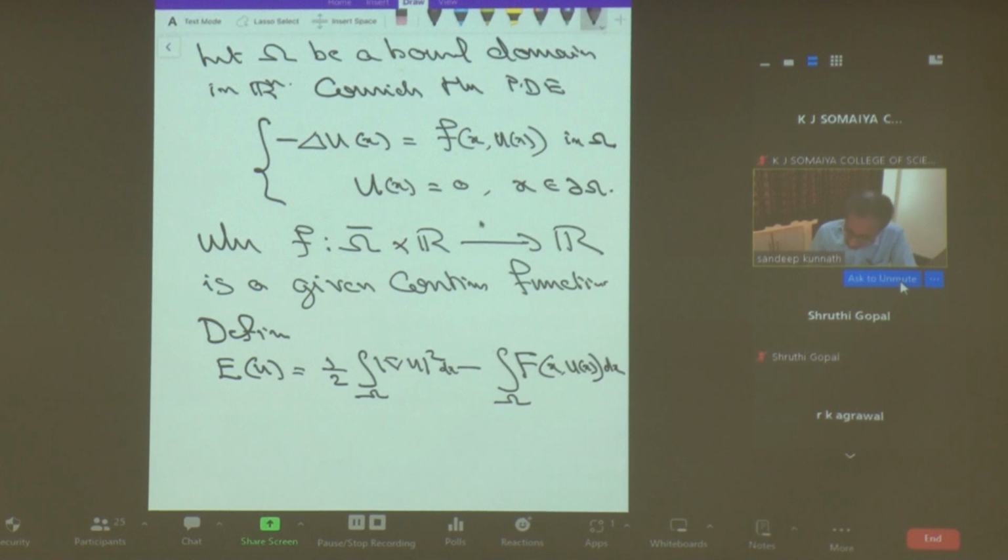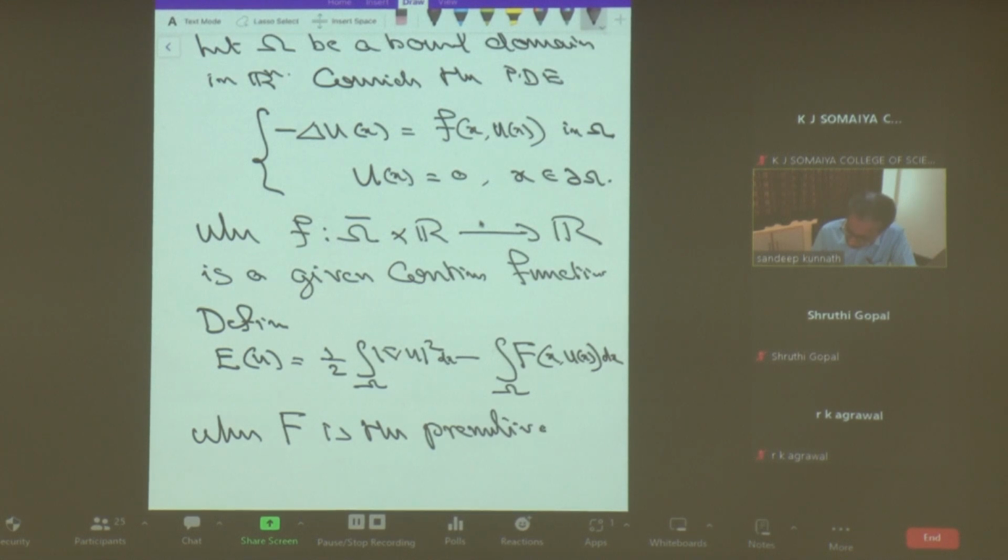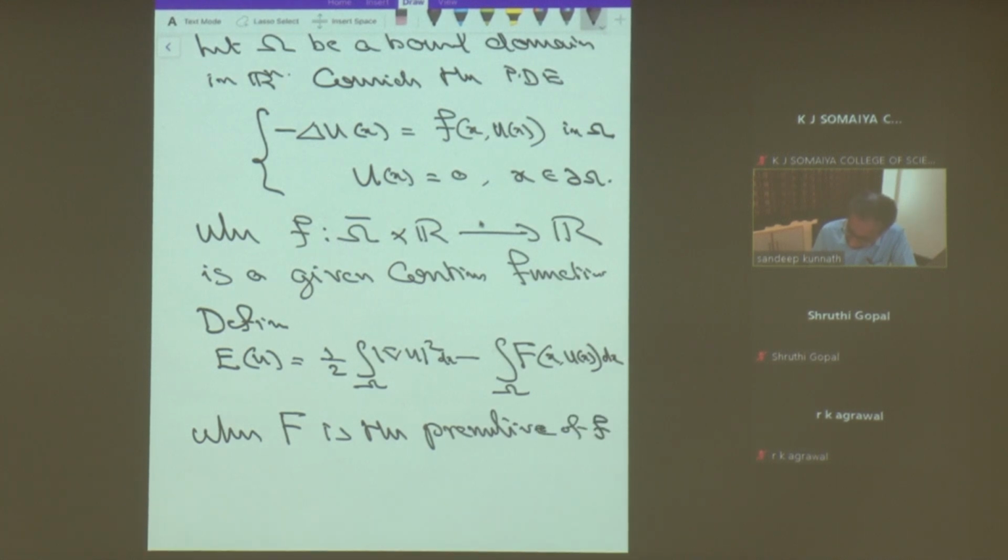So I will tell you what this capital F means: it is the primitive of small f. f is a given function, and also I assume that f of x, 0 is equal to 0.